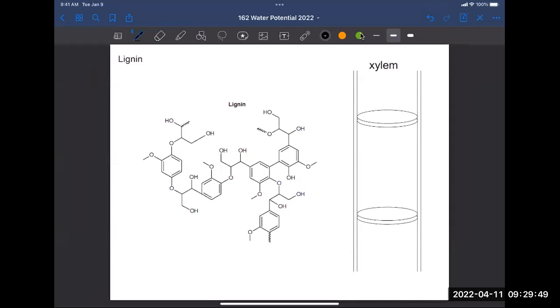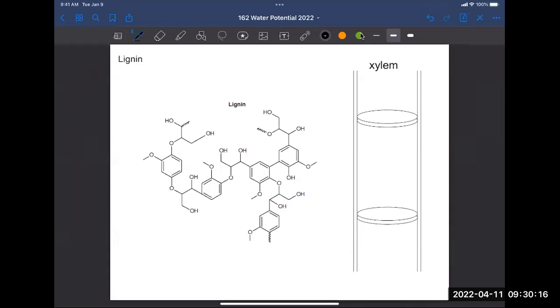This is a picture of lignin. You do not need to know this, but lignin is something that is synthesized in these cells as they're developing, and they secrete it out into their cell walls. It has two effects on those cell walls. First of all, it makes them more rigid, but also this molecule is much more hydrophobic than cellulose. And so this makes the cell walls somewhat hydrophobic, and that makes them better at conducting water.